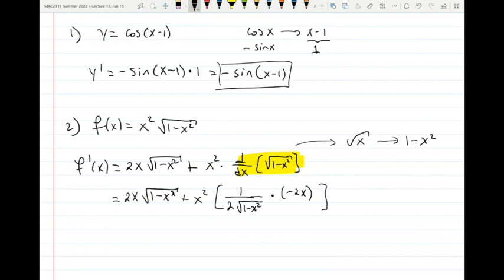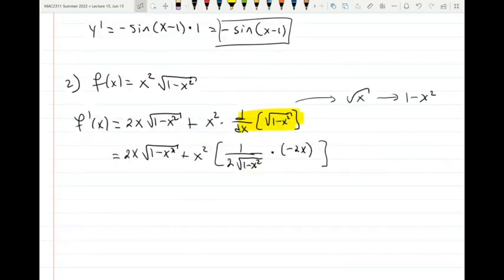Do you understand? Okay, and now we just need to clean this up. So let's see. I have a negative there, so it will be a minus. Notice that these 2 cancel with these 2 over here. So x squared times x, so I'm going to have an x cubed, and this quantity. So this is what we get so far.